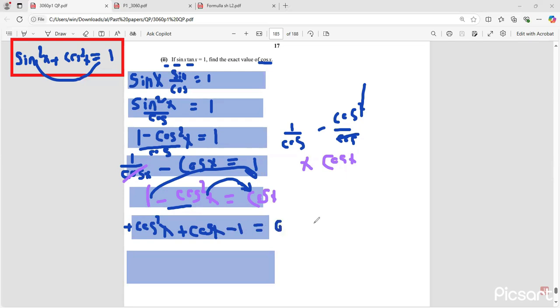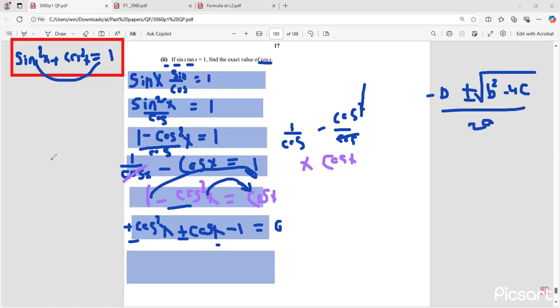Actually, this cannot be factored. We are going to solve it with the coefficients a, b, and c with the rule, which says negative b, positive or negative, square root of b squared minus 4ac, all over 2a.